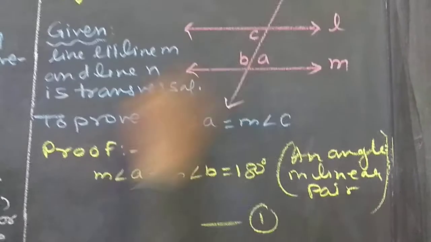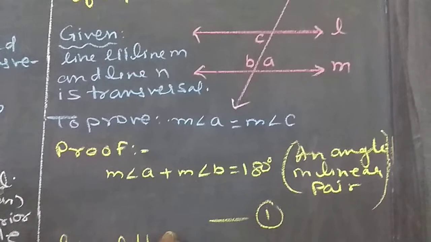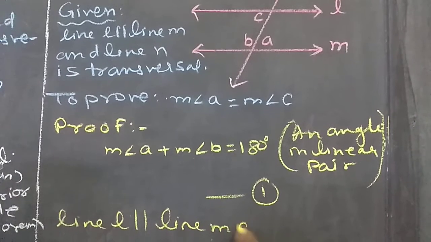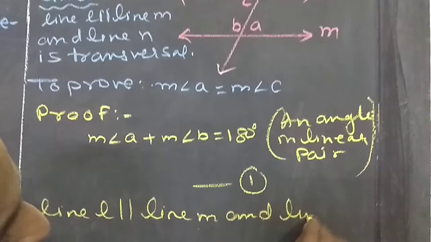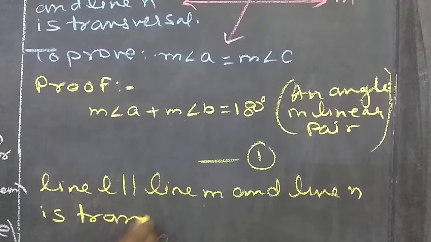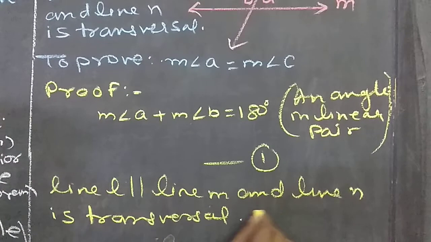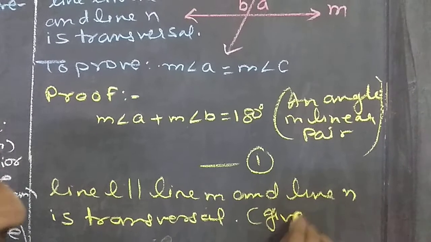ठीक उसी प्रकार से पहले आप ये लिख दो कि लाइन L पैरेलल किसके है, लाइन M एंड लाइन N इज ट्रांसवर्सल. ये ट्रांसवर्सल है. This is already given in the question.